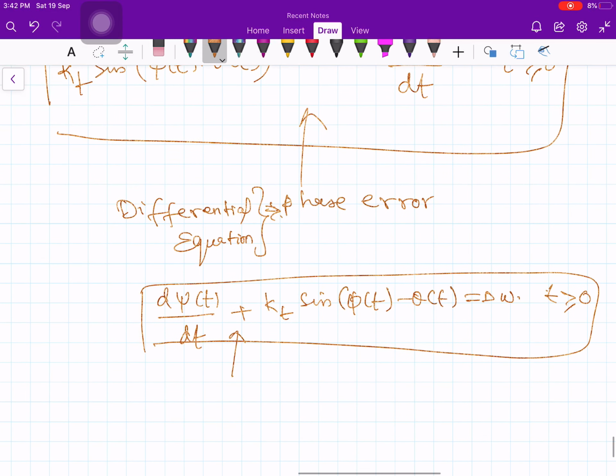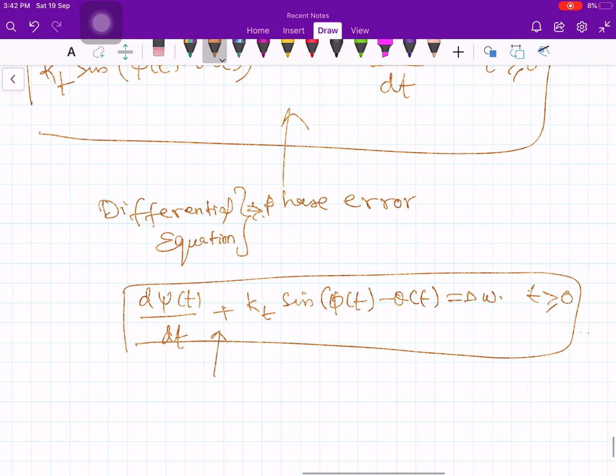And we would like to understand under what conditions this, let me call this equation number 2, will this differential equation imply a movement towards psi of t becoming 0. What is our ultimate goal? Psi of t should move towards 0. Because what is my psi of t? Psi of t is my phase error, phi of t minus theta of t.